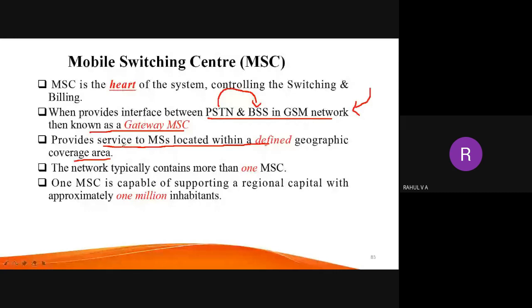A network typically contains more than one MSC. A network like Vodafone or Airtel, depending on the area, will have more than one MSC. One MSC is capable of supporting a regional capital with approximately 1 million inhabitants, so more than 1 million devices it can support.